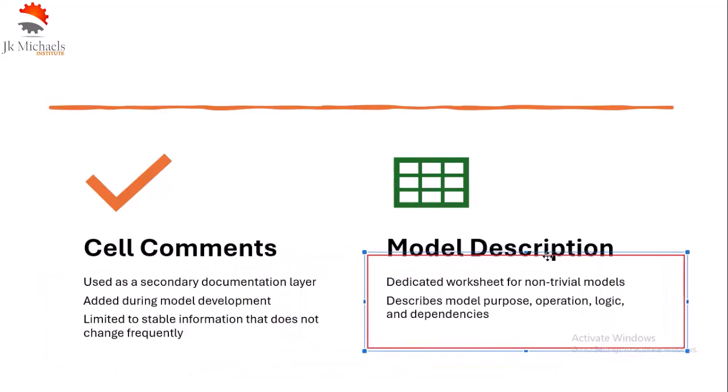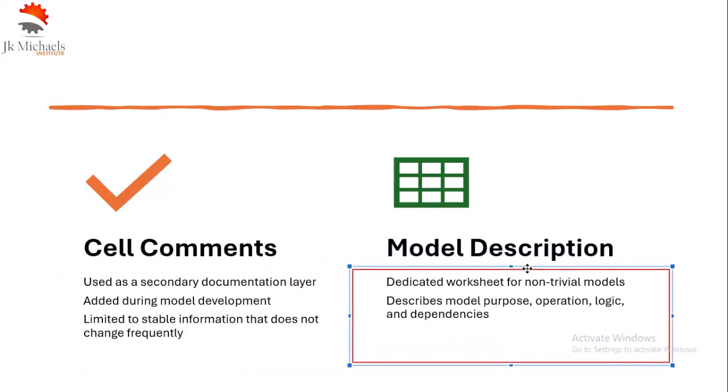And then we have what? Model description. You want to have a dedicated worksheet for a non-trivial model, right? So I want to do a forecast and then have NPV, internal rate of return, and so on. Those are for major projects, of significant concern, and you want to make sure that you have a dedicated worksheet for them.